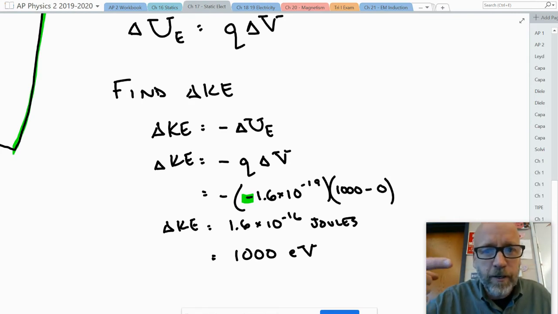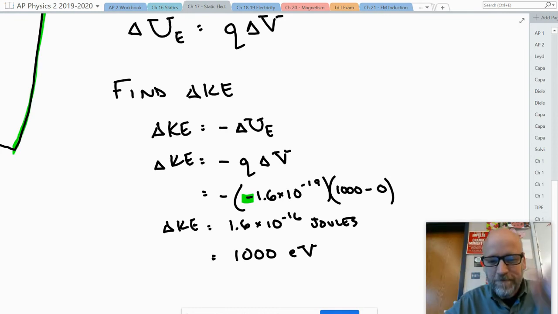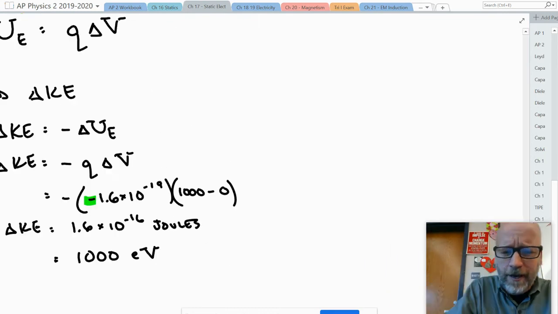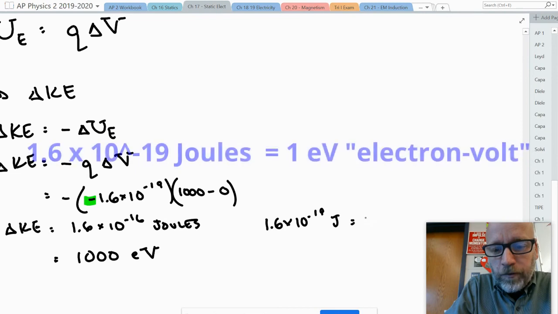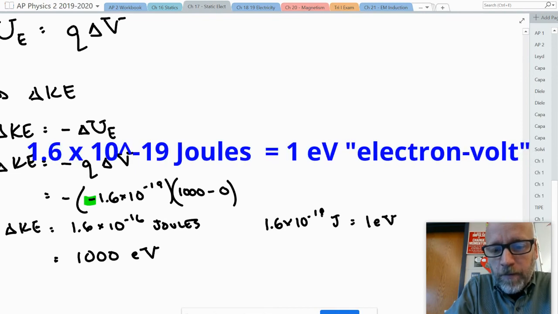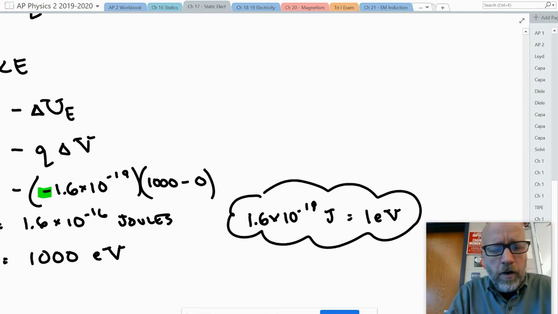So if it was accelerated across 1,000 volts, how much energy? That's right, guys, 1,000. If you don't see that, it's 1.6 times 10 to the negative 19 joules equals 1 electron volt. Just a reminder.